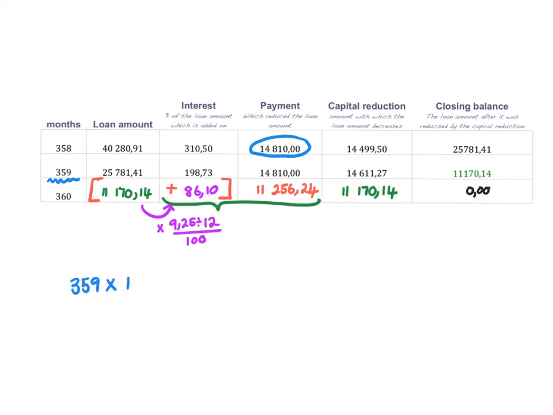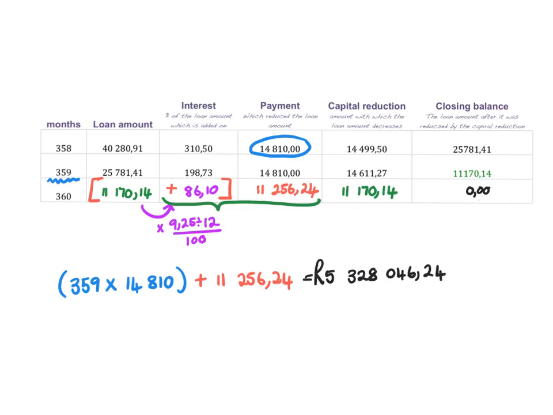So obviously I'm going to multiply these ones, but then you should also remember that for the last month you had a different payment of 11,256 Rand and 24 cents. This altogether gives me an amount of 5,328 Rand and 46 Rand and 24 cents.